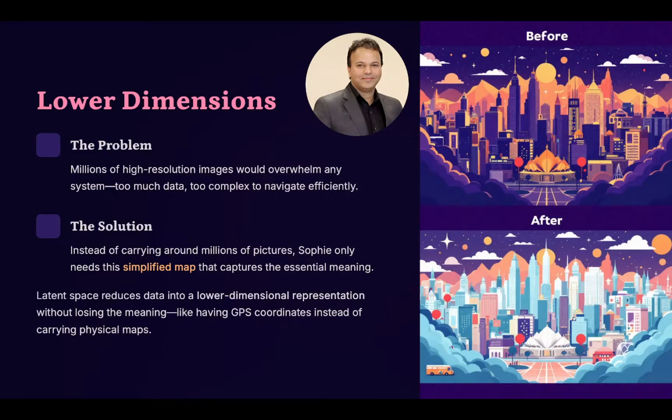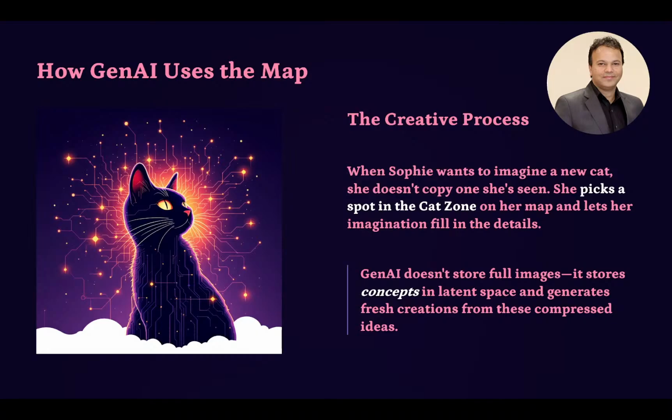Instead of storing the whole map direction turn by turn, you actually just store the GPS information and draw it on a given map. Now, how does this actually use this concept of the map, right? So it only stores the pointy ears, the playful eyes, the whiskers, those kind of words.